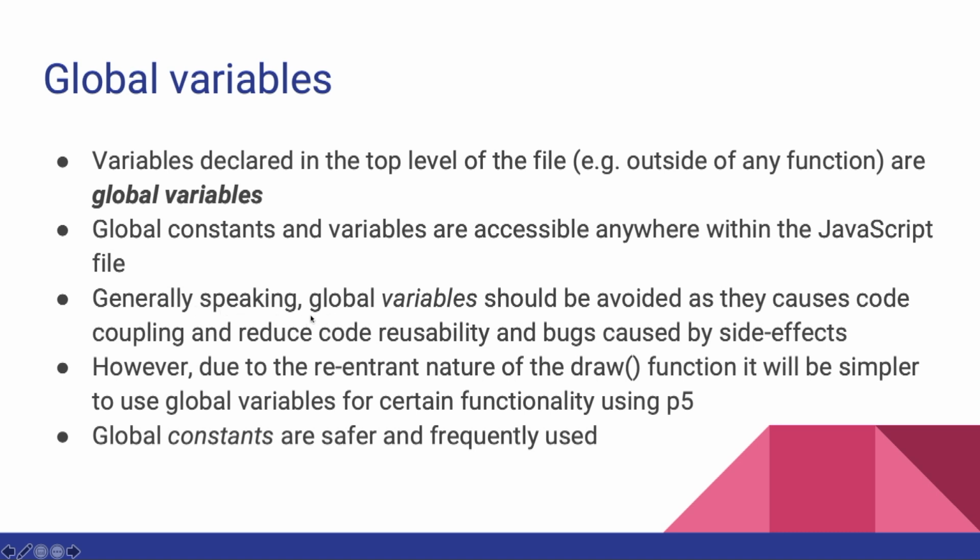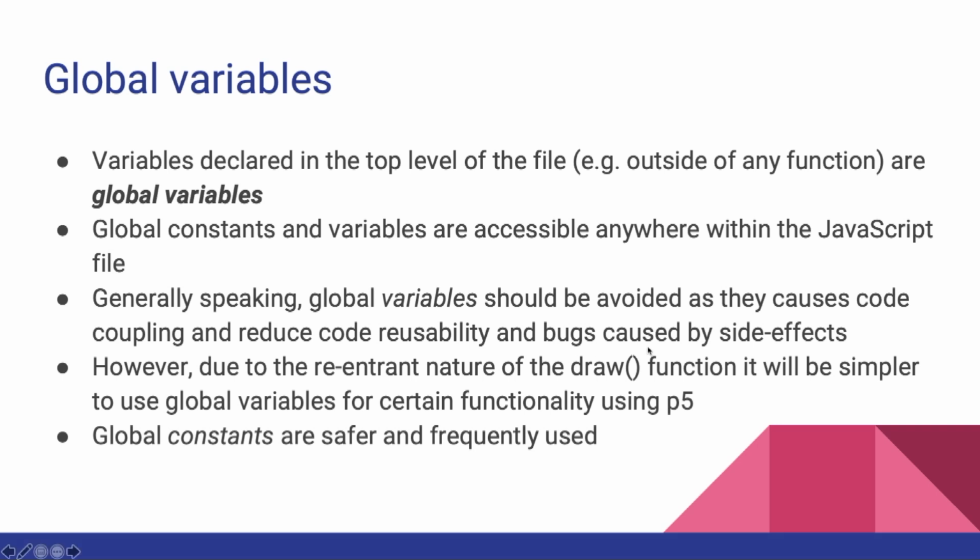Okay. So generally speaking, global variables, things that are actually changeable, in other words, not constants, should be avoided as they cause code coupling, which means one piece of code depends on another piece of code. And if one piece of code depends on another piece of code, then you can't necessarily cut that piece of code out of one program and paste it in the other and expect it to work anymore.